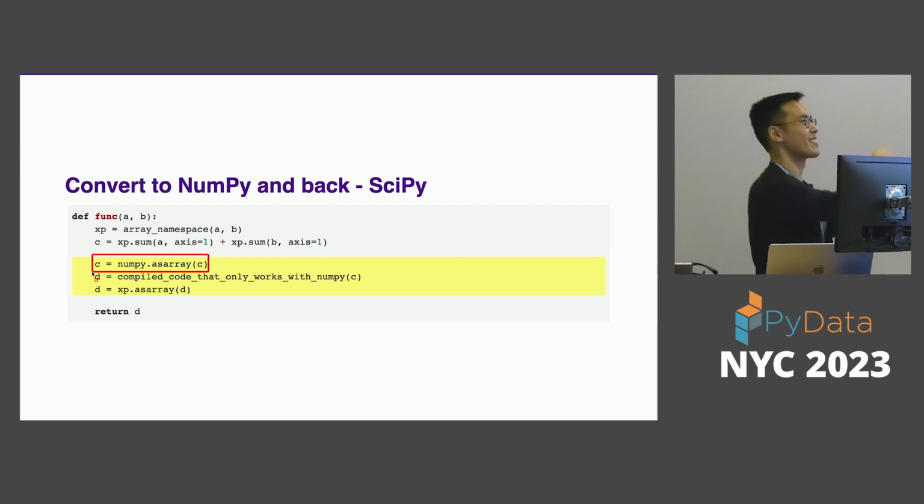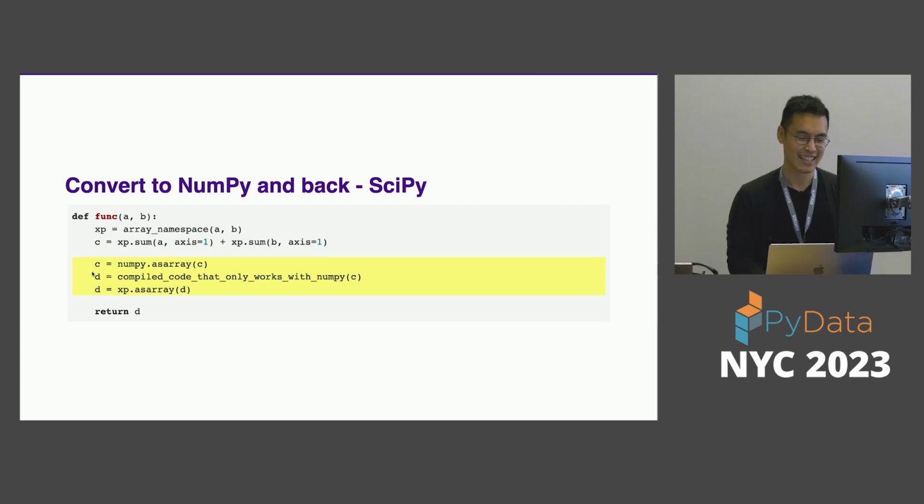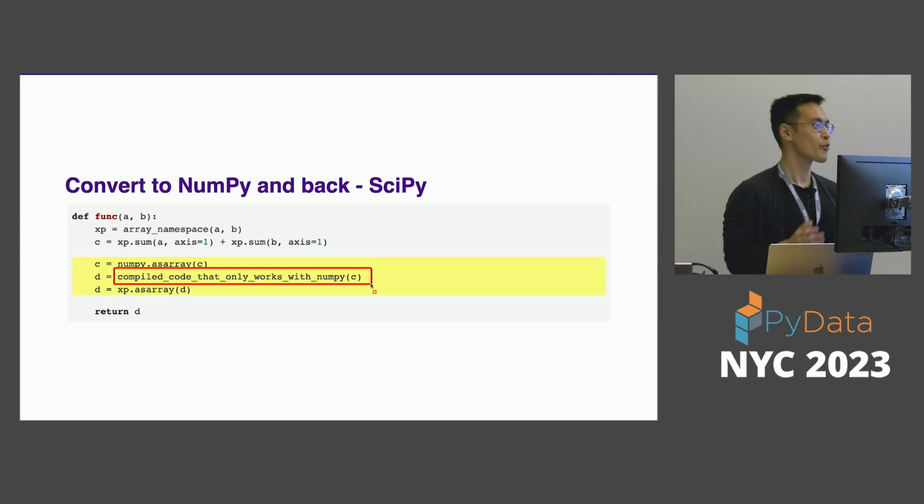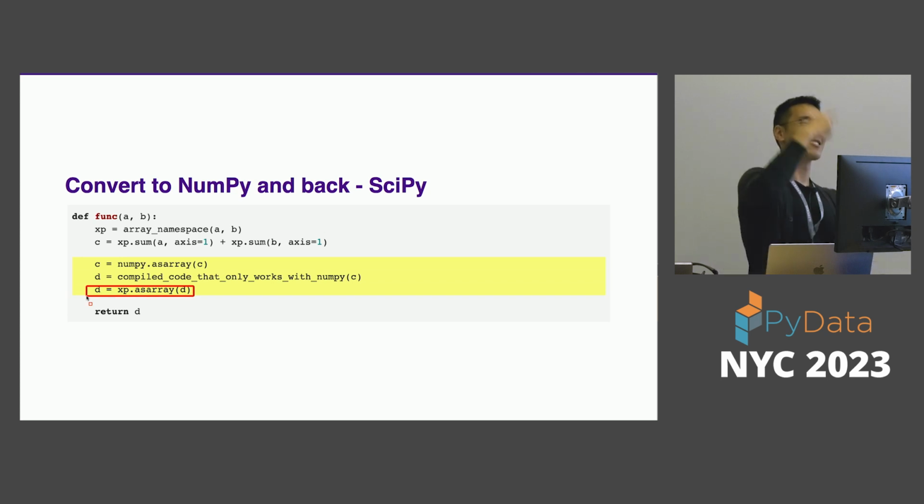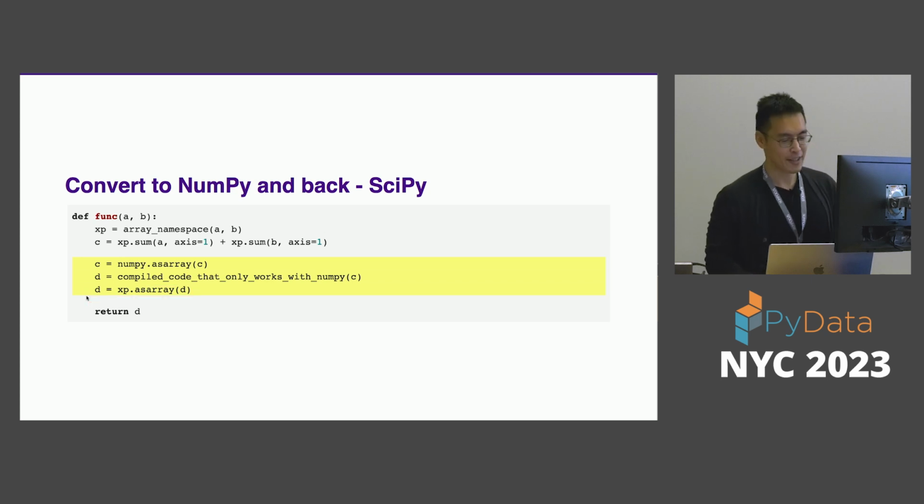Convert your array to NumPy, and then have your compiled code that works with NumPy work on that, and then afterwards convert back to the array API object. And it works. It only works on CPUs because the compiled code only works on CPU. So SciPy is currently doing this now.